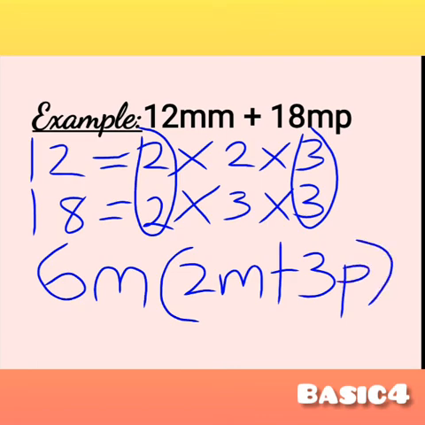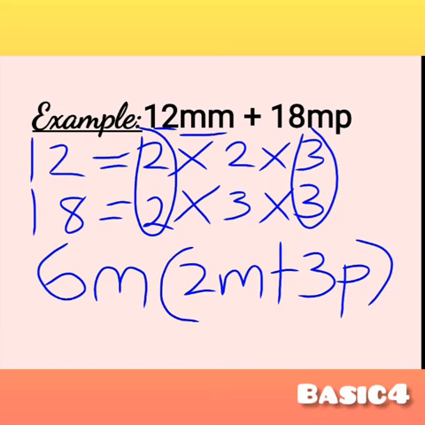We have factorized this. Now, if you want to check, you multiply the number and variable outside the bracket, it will take you back to this original question. Because 6 times 2 is 12. This is the 12 there. m times m is mm.